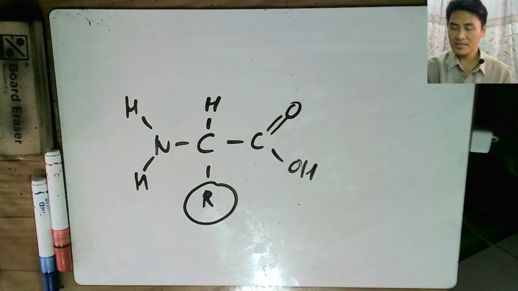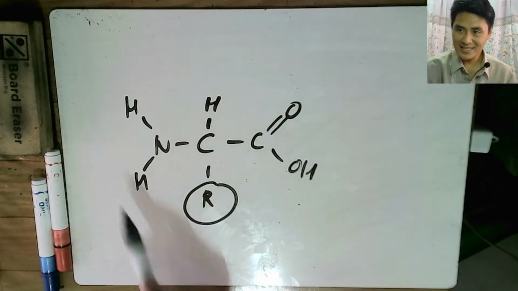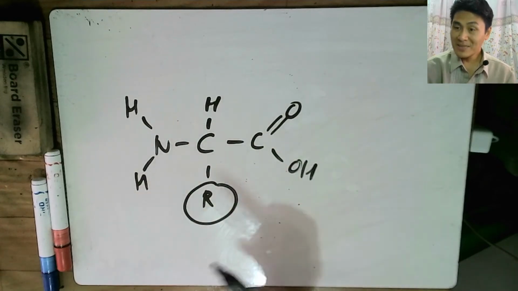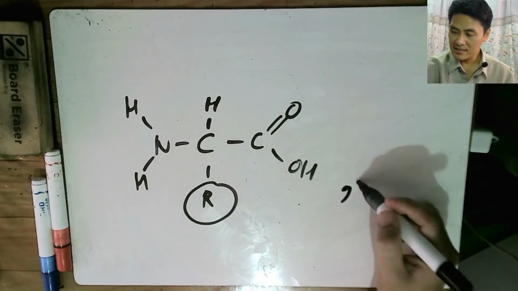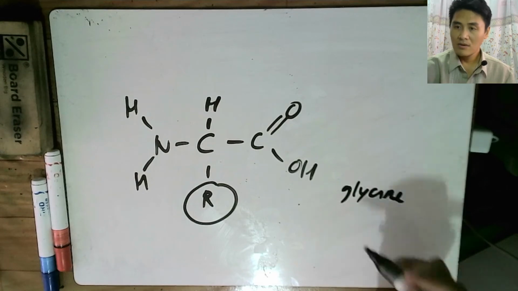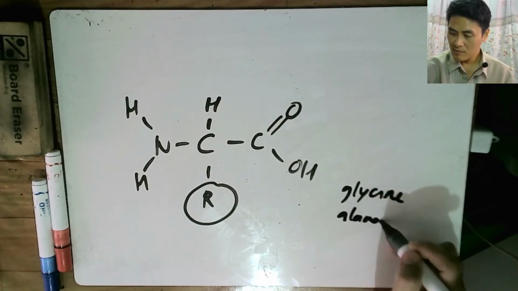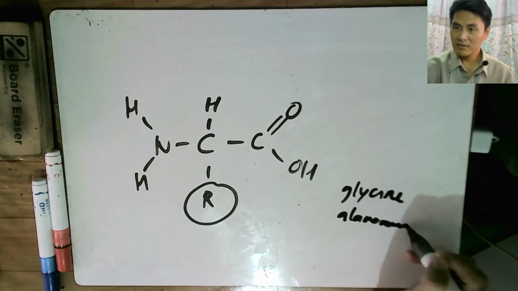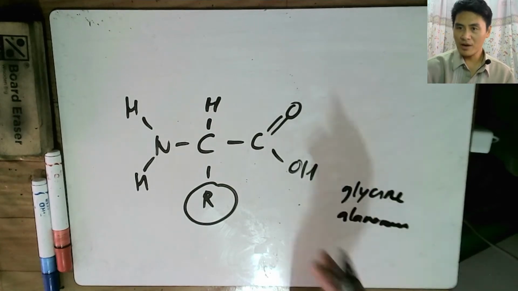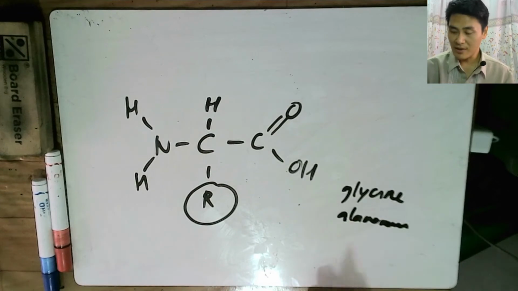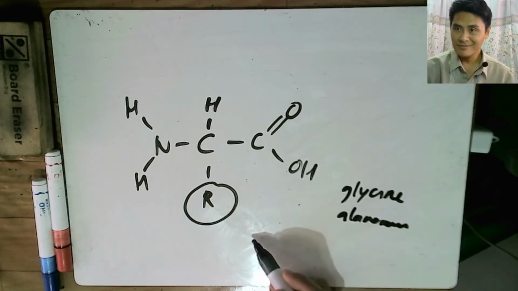The second point of emphasis is once you have that amino acid, right? What makes an amino acid glycine? What makes it an alanine? What makes it a tryptophan and all the other amino acids, which you have 20 of them, is this R, right?